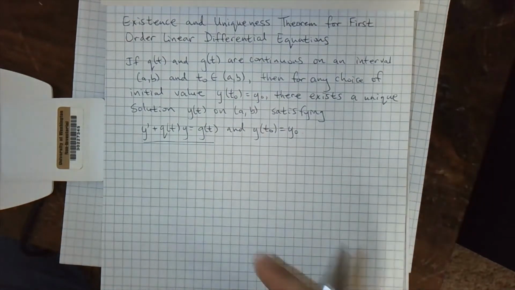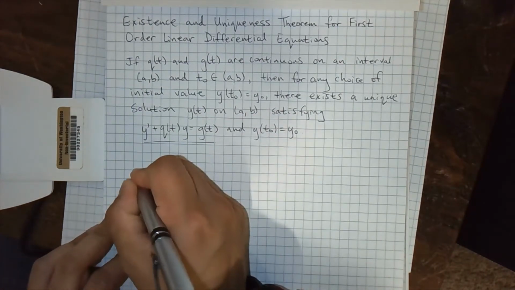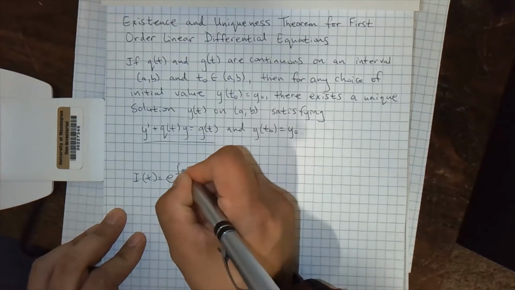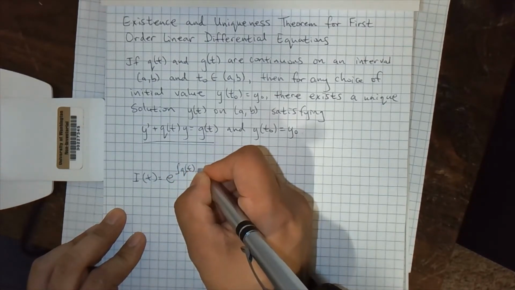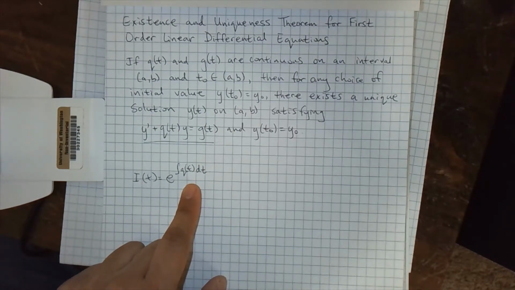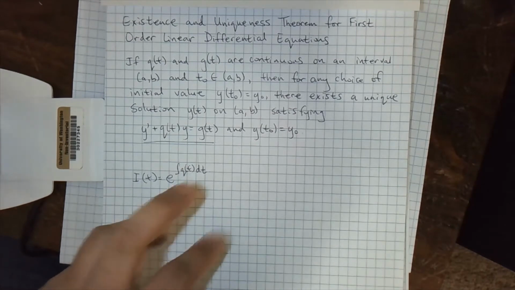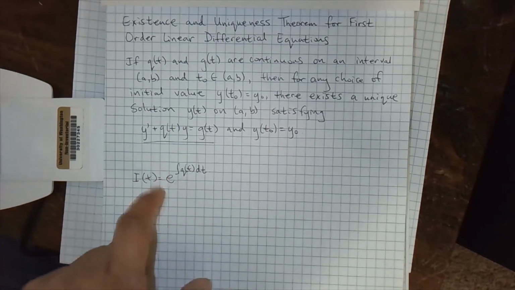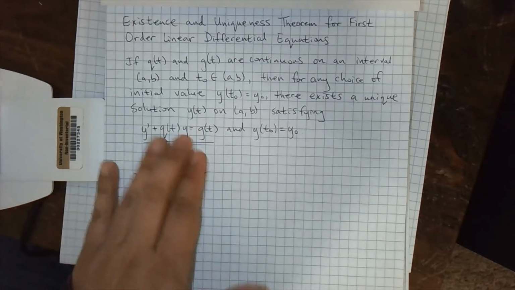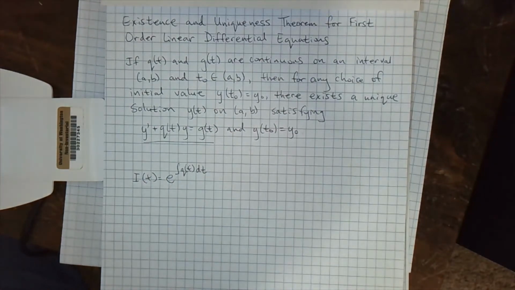Intervals in calculus are usually open. Sometimes they're continuous on closed intervals, but we're only going to require an open interval. What that means is we guarantee it's nice enough when we integrate, because remember our I of t was e to the integral of q of t dt. If it's not continuous, I might still be able to integrate, but I'm going to do things that are too funny to the function, and my solution might not satisfy the original equation. So this guarantees that the functions are nice enough.